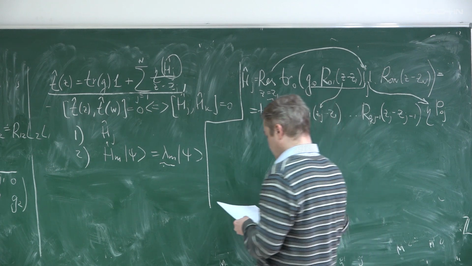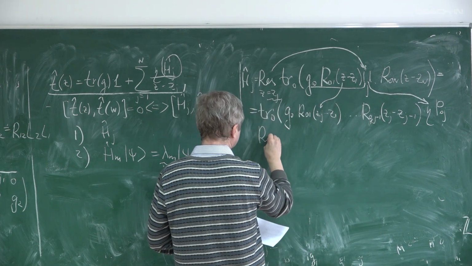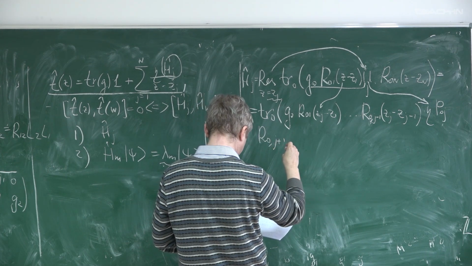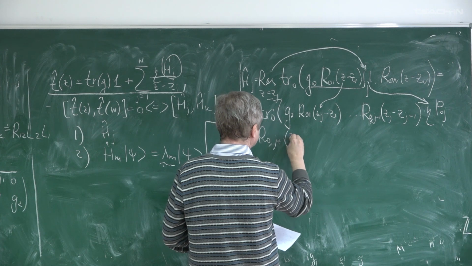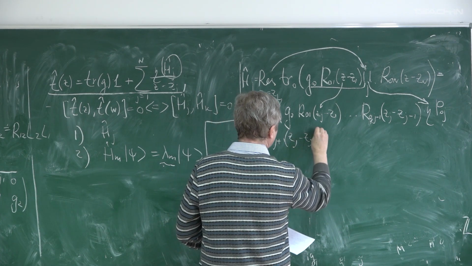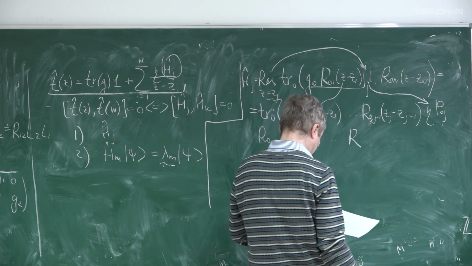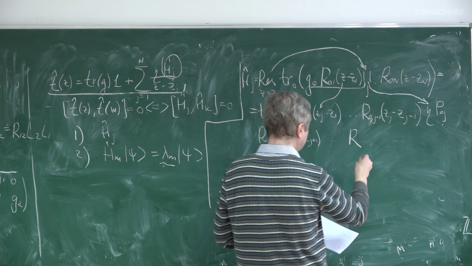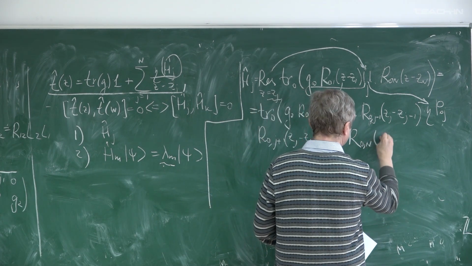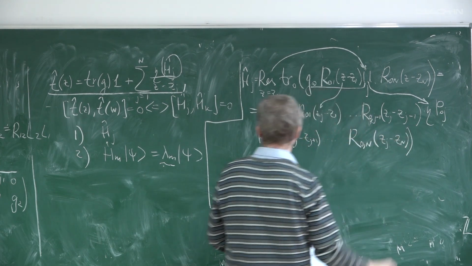The rest of the product begins with the index j plus 1 and goes up to n, and the last one is R0n, like this.